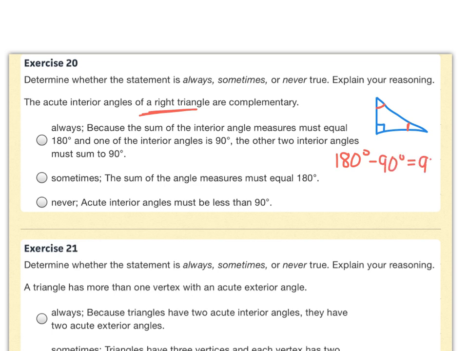And so there's 90 degrees left. And so these two angles have to add to 90 degrees so that combined with that 90 degrees, we get 180. So if I have two angles that have to add to 90, then they are always going to be complementary.